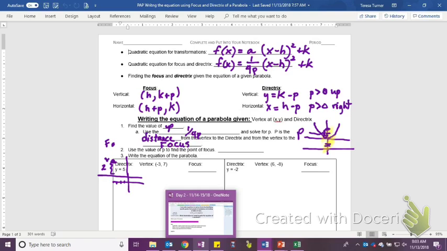So 2 up from where the vertex is gives us (-3, 9). This is using the formula for a vertical one: this is h, which is negative 3, and then k, which is 7, plus p, which was 2, gives us 9.